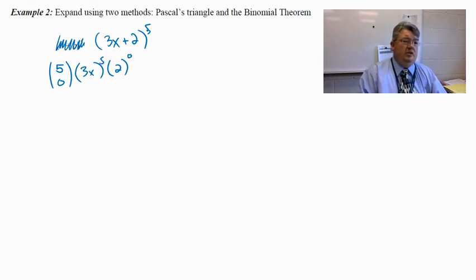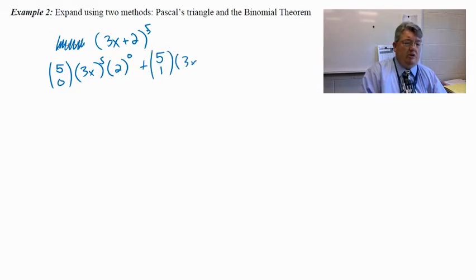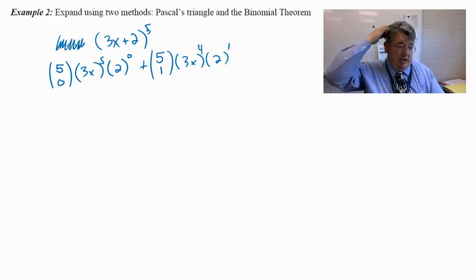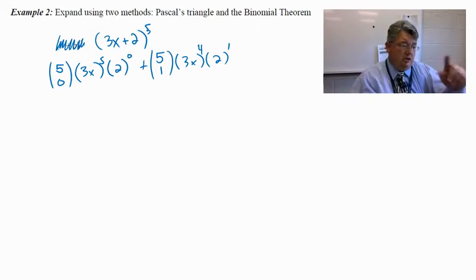Okay? This number here, the 0, is always here. And the next term is going to be 5 choose 1, and it's going to be 3x and 2, and the 2 will have a 1 on it, and the 3x will have a 4, because 4 plus 1 will add up to 5. Okay? And so forth.